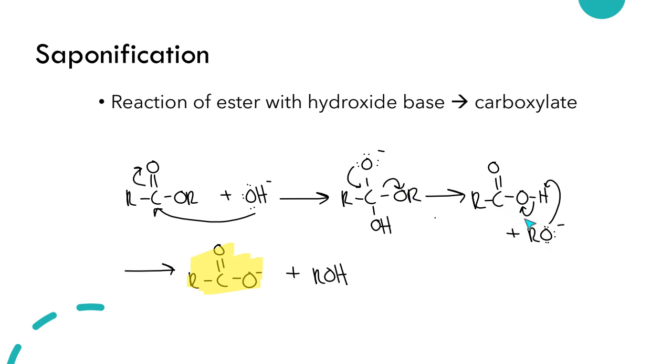And now that we have this anion that just came off, it is going to want to take a hydrogen from the OH group, which forms an alcohol and a carboxylate. Does that make sense? Because this anion is more unstable than this one with the negative charge, so it is going to take this hydrogen. Does that make sense?